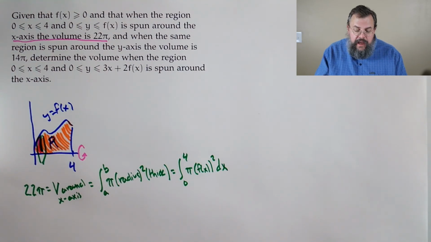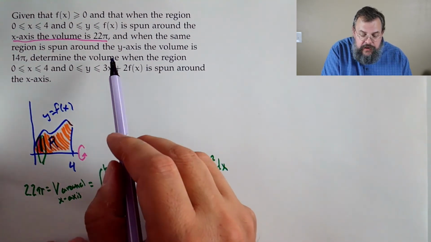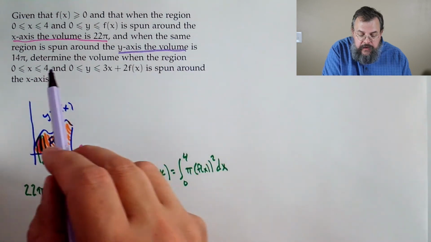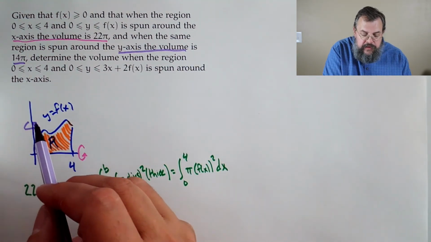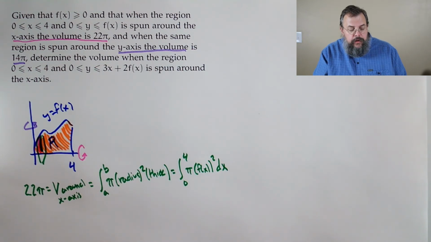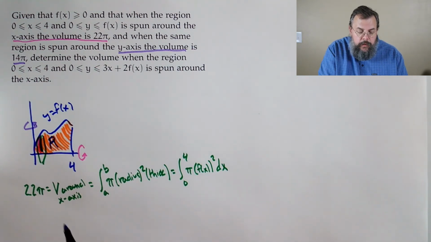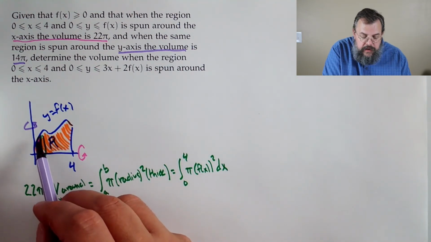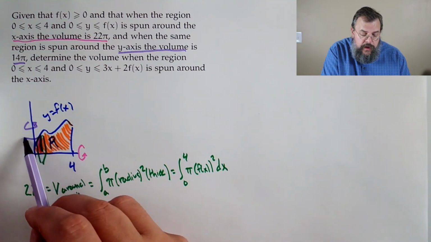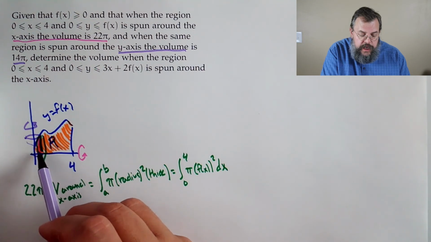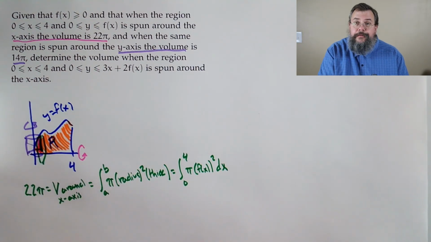When we spin that same region around the y-axis, the volume is 14 pi. So now we're going around the y-axis. Okay, what happens there? Well, we have our same vertical slicing up, down. So when we spin, what are we forming? Our shape is a shell.